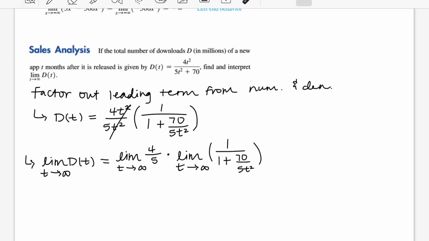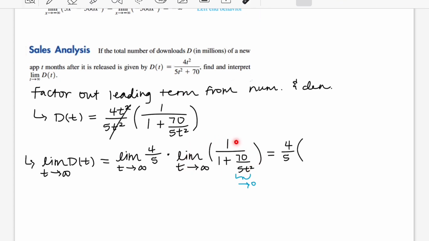Now remember, if we have 70 over 5 times t squared, this number is going to get closer and closer to 0, right? As t goes to infinity, this number is getting smaller and smaller as we increase t. So this tells us, and also the limit of a constant is just going to be that constant. So we still have this 4 over 5 on the outside.